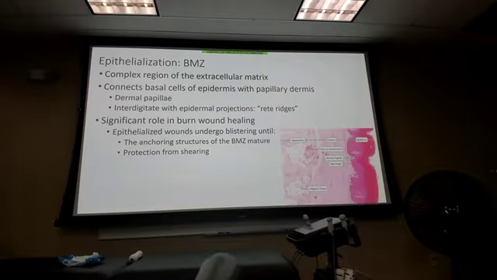This is where we have the dermal pathway, where our fingerprints come from, the ridges. It does play a significant role in burn healing, basically because of where the blistering would be. So you just have to know the layers. All this is review, right?